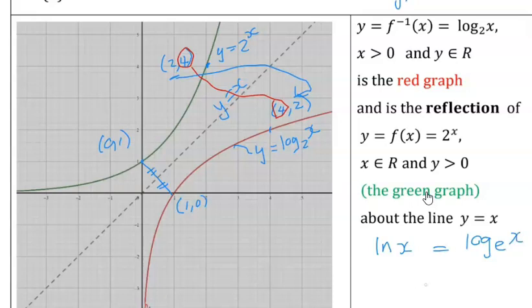E is a funny number, approximately 2,7 something, and ln of x will lie in between log base 2 and log base 3 of x. But you will encounter that in first year mathematics. And also the function e to the x, which is slightly higher than this green graph, will also cut at y equal to 1.